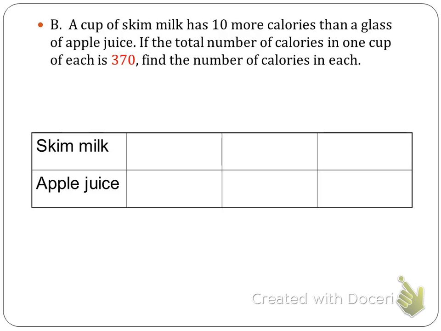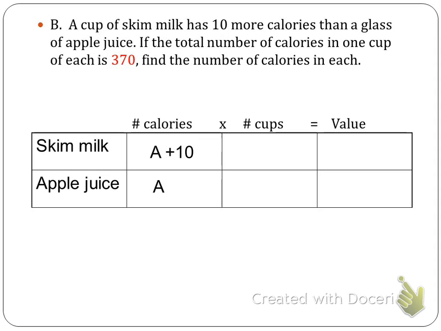Now, we're going to find the calories in both. So it doesn't really matter if you want to do A and write everything in terms of A, or S and make everything in terms of S. I went ahead and did the A just because the skim milk is more. For some reason, pluses feel easier to me. So I'm going to call apple juice A, and I'm going to call skim milk A plus 10.